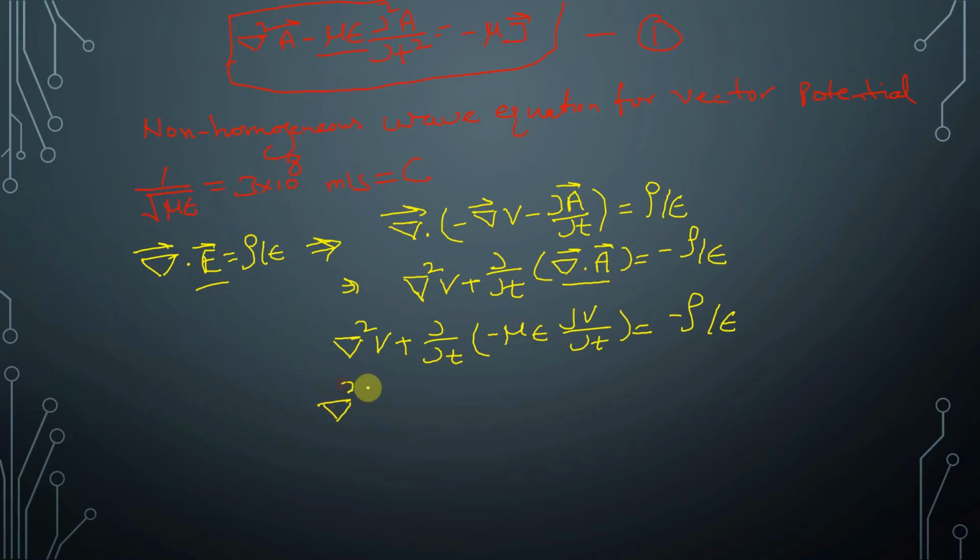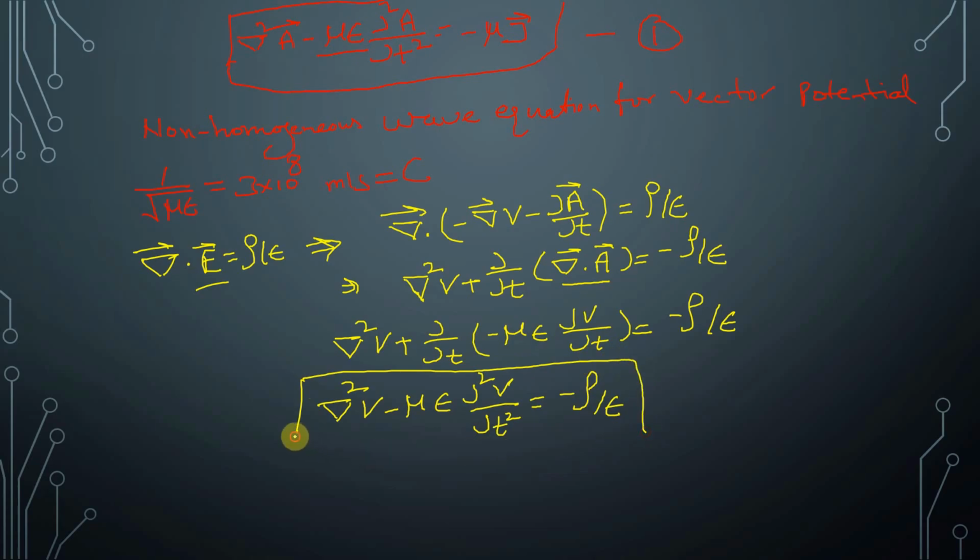You will get del square V minus mu epsilon curl square V by curl T square is equal to minus rho by epsilon. So similarly we have found this equation. This is again a second order partial differential equation, and let us say this is equation 2.